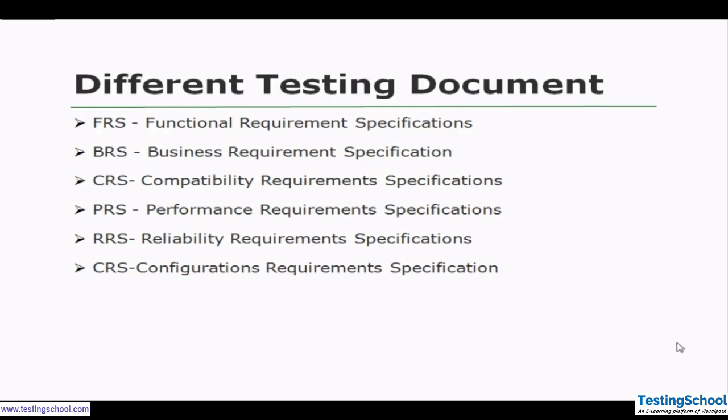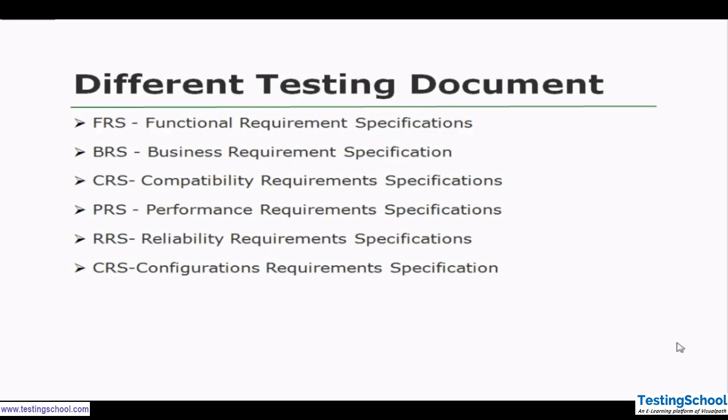Like in the FRS, we have the functionality. In the BRS document, we have the business requirement. In the CRS, we have the compatibility, like how compatible it is with different operating systems or different browsers. Then the performance requirement document gives you what the performance should be for a certain load on the application.